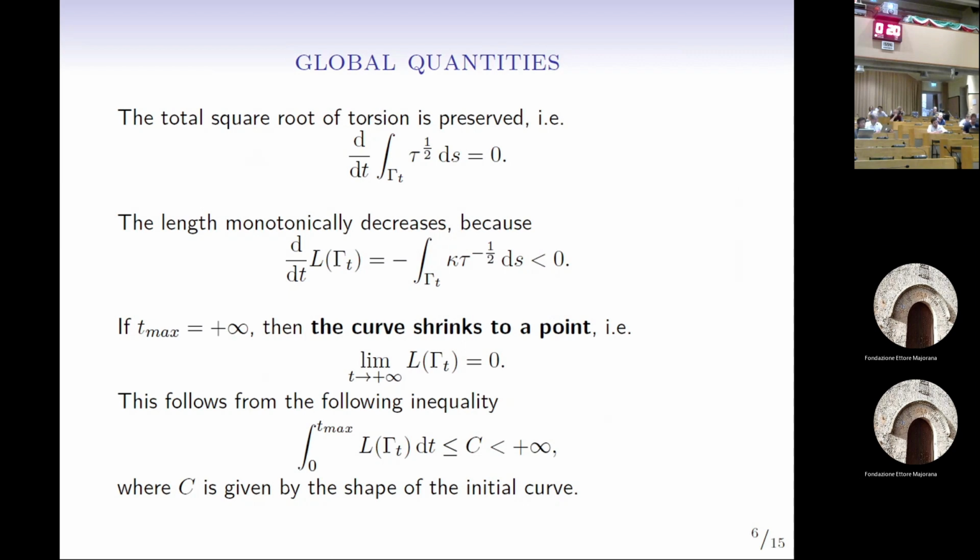In this first formulation, the curves given by the fixed time have some fixed global properties. For example, this strange integral of torsion or square root of torsion remains the same. So there are some strange, interesting facts, but I don't know whether they are useful for anything. Thank you.